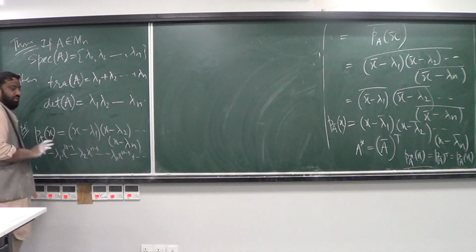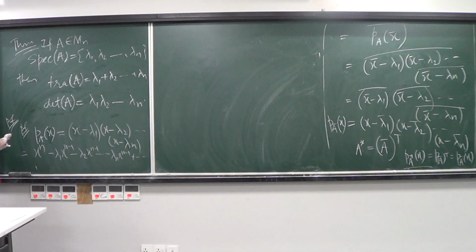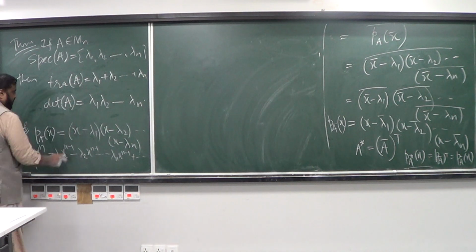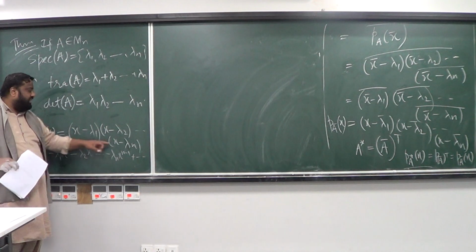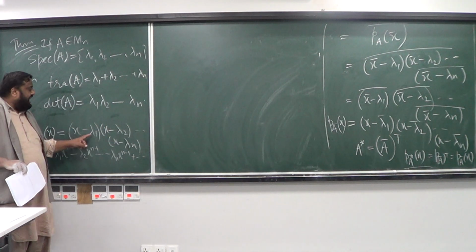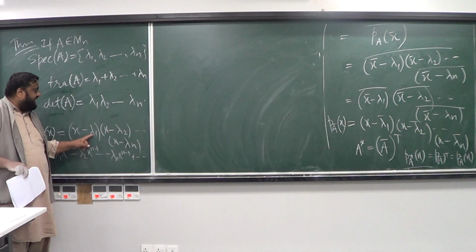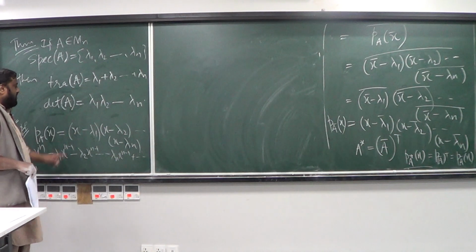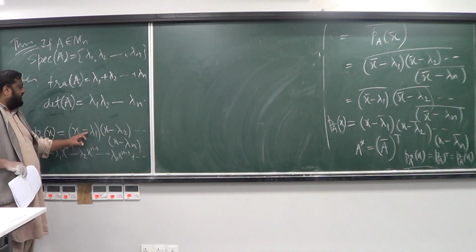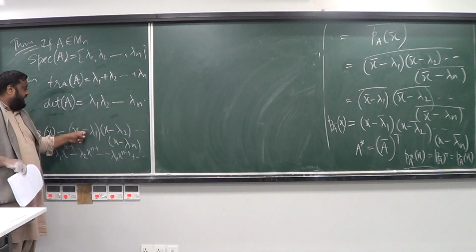This is just one way. I'm just keeping track of a few terms. What would be the last term in this product? The last term is going to be: take the lambdas from each bracket and multiply them together. How many terms are these? These are n terms, and there is a minus.